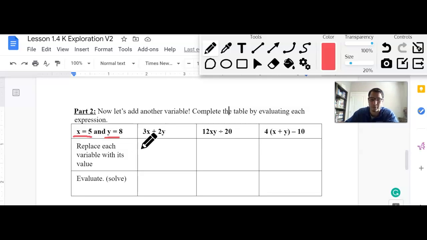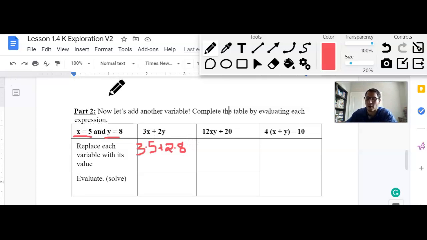So in this problem, remember, it was 3x plus 2y. That's 3 times x plus 2 times y. So we would take 3 times x, but we now know that x is 5. So 3 times 5 plus 2 times y. So 2 times y, we now know y is 8. So we replace or substitute 8 in for y.